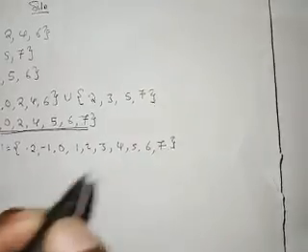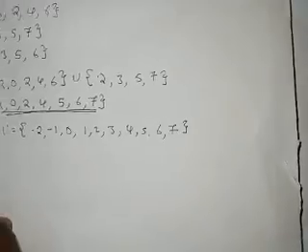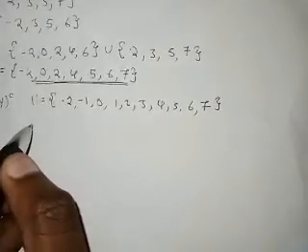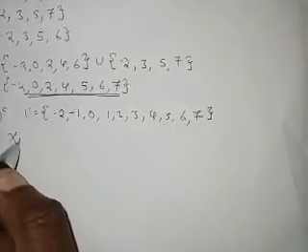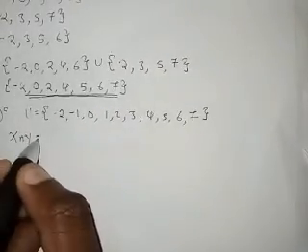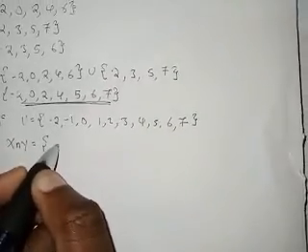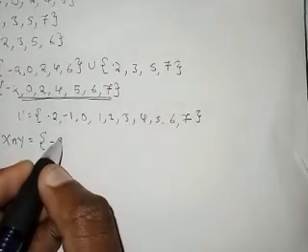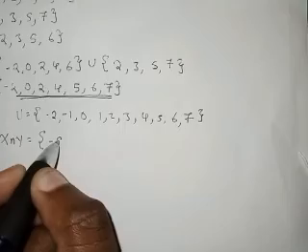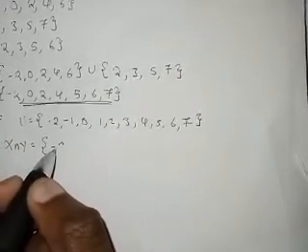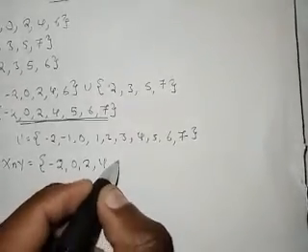Okay, and then we'll find x intersection y. So x intersection y will be equal to... First we will list x, which is negative 2, 0, 2, 4, 6.